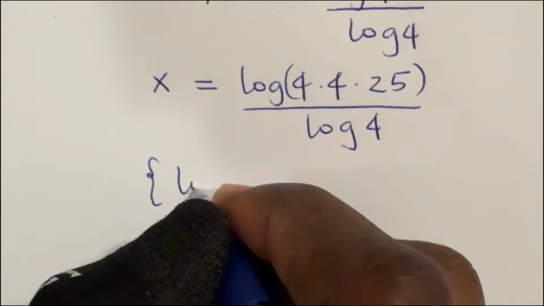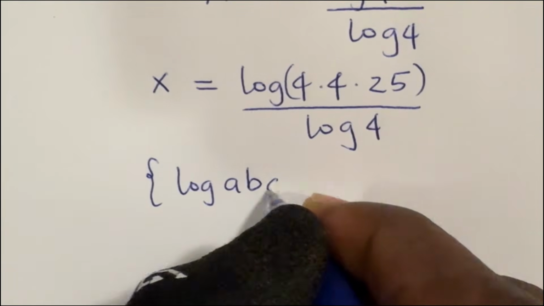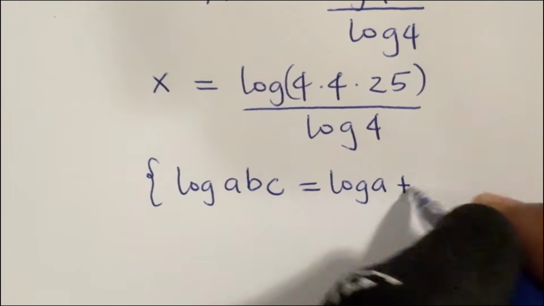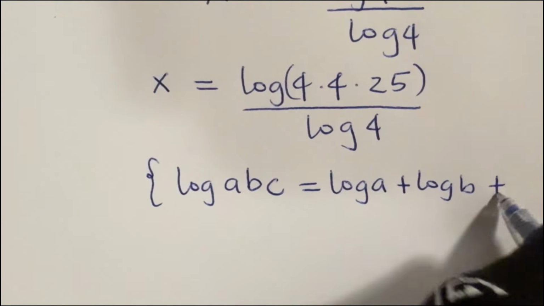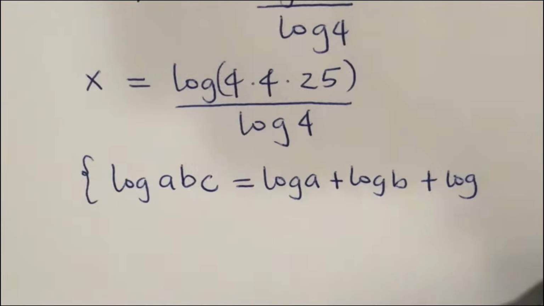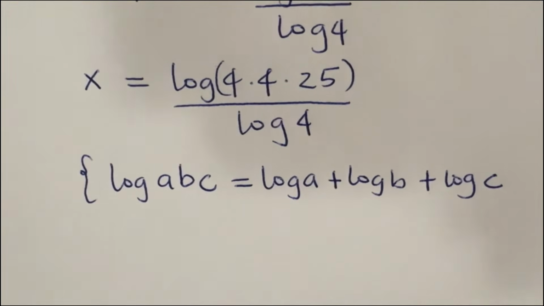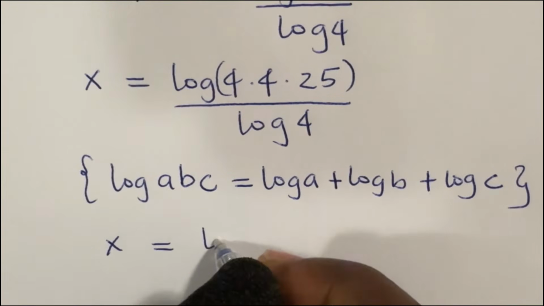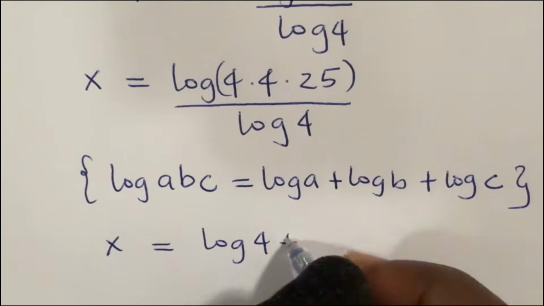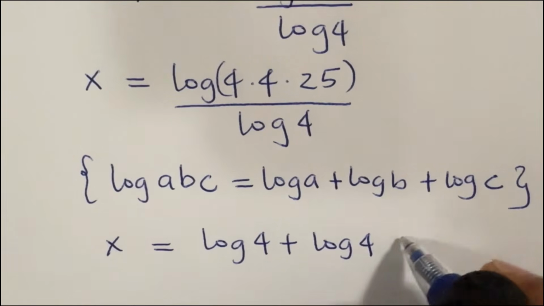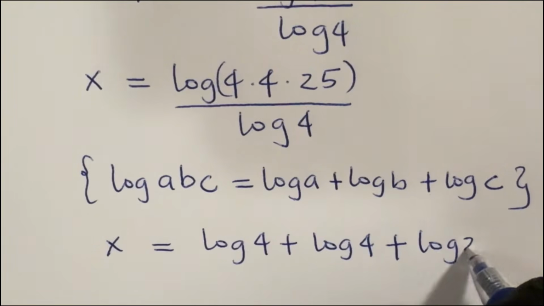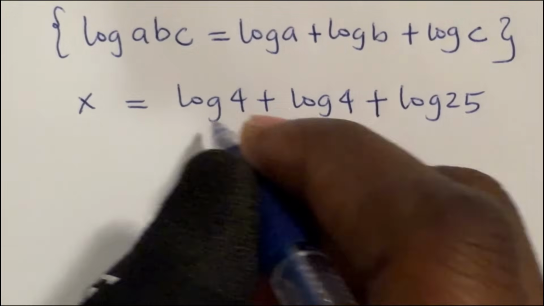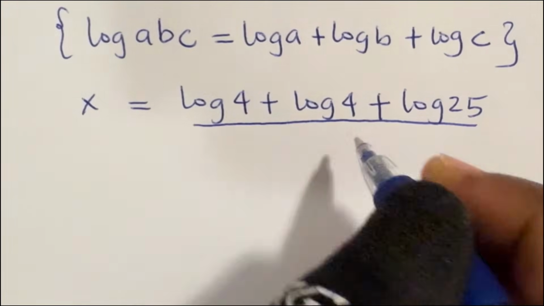If you have log AB or log ABC, you can expand them into log A plus log B plus log C. Therefore, we can have x is equal to log 4 plus log 4 plus log 25, all divided by log 4.